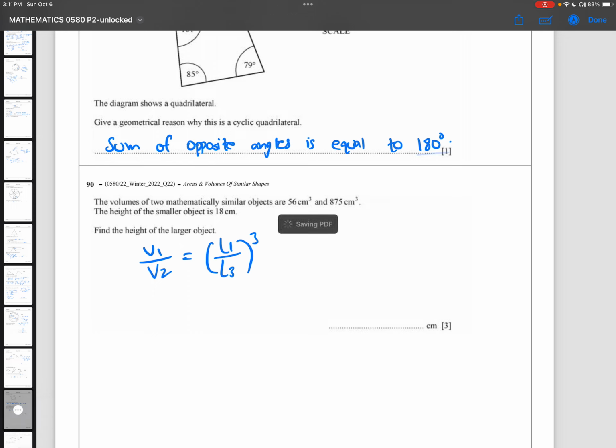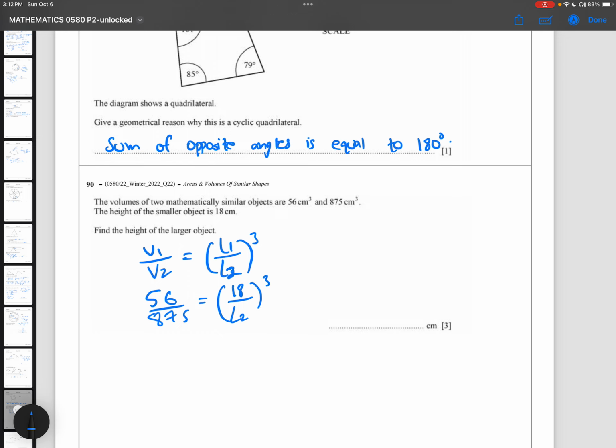Let's take V1 as the smaller object. So V1 will be equal to 56 and V2 will be equal to 875. We will take L1, the height of the smaller object, that is 18, upon L2. This is L2, not L3, cube.